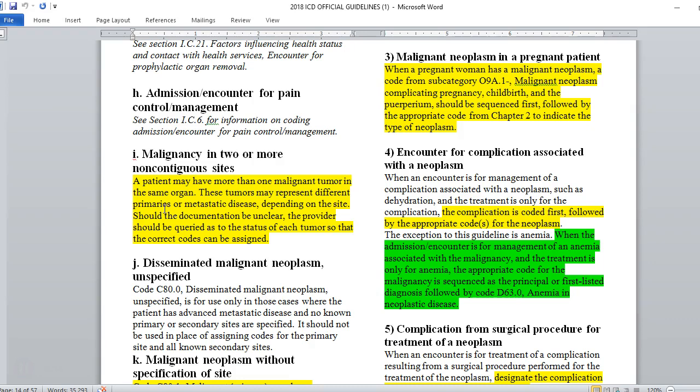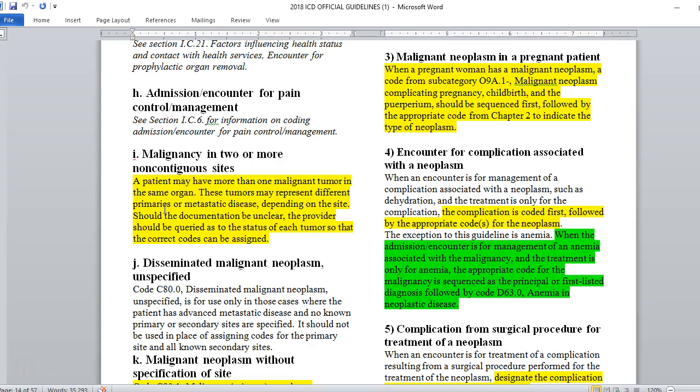Now again, when we're coming in for a complication, we always need to know what complication we are coming in for. So when an encounter is for management of a complication associated with a neoplasm, such as dehydration, and the treatment is only for the complication, the complication is coded first, followed by the appropriate code for the neoplasm. The exception to this guideline is anemia.